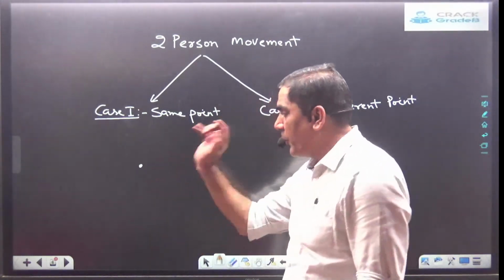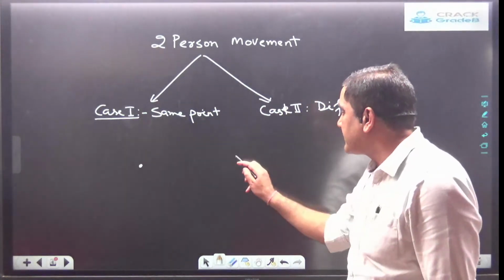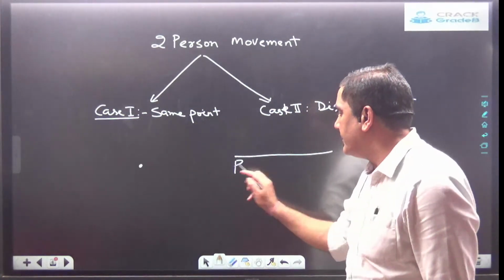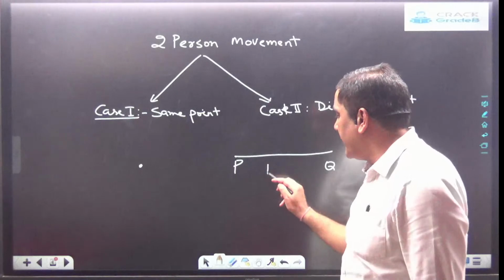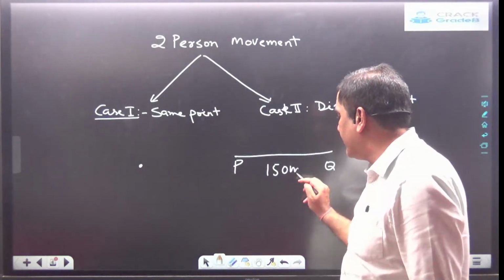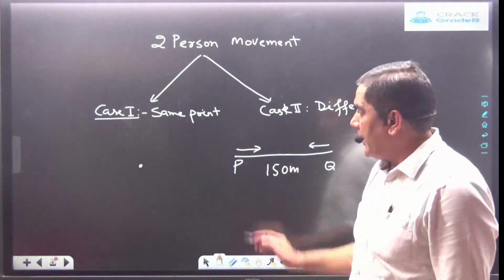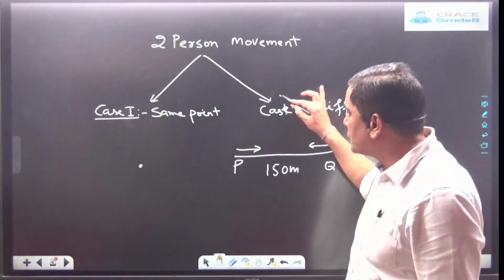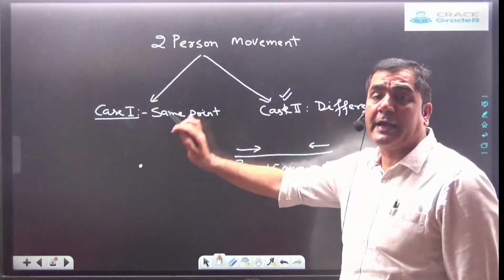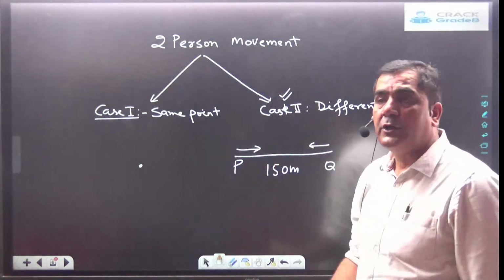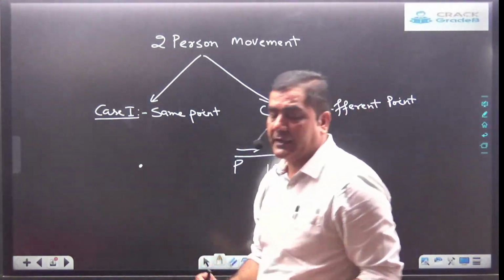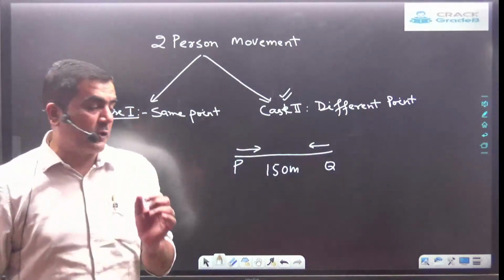Clear? Same point they are going to start. Now in this one, some distance will be given between them. In banking examinations, this case 2 is going to come. But case 1 may come in your clerk examination. So both the cases we have to cover in the class.